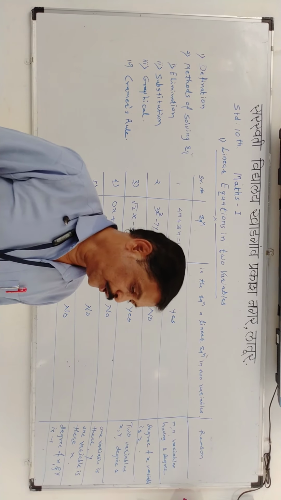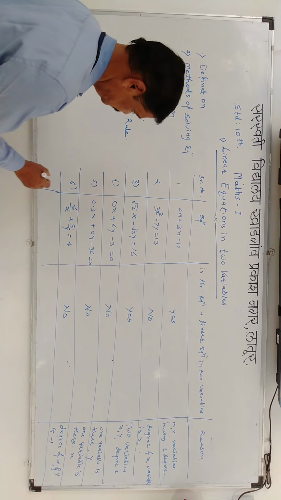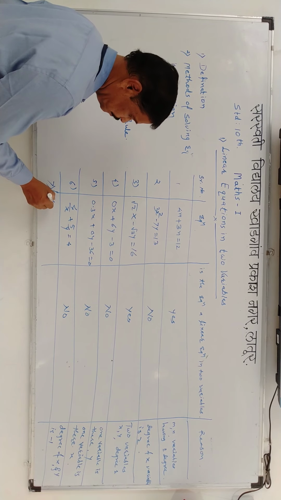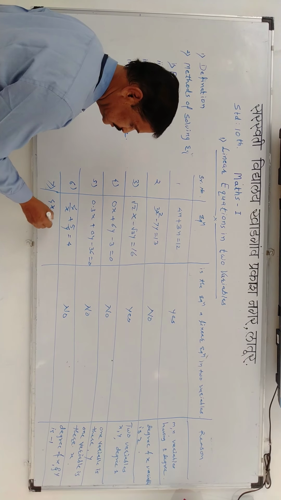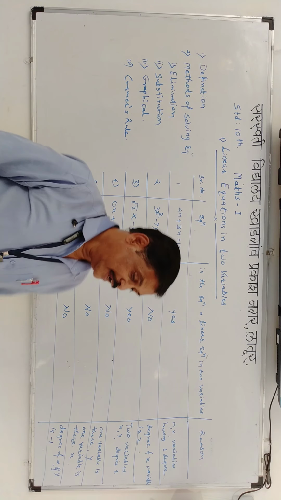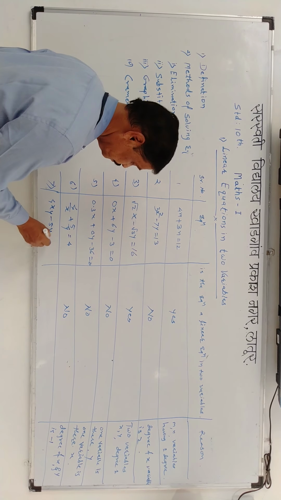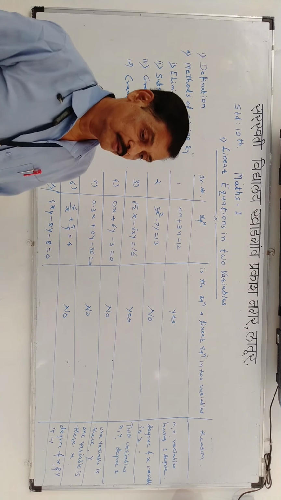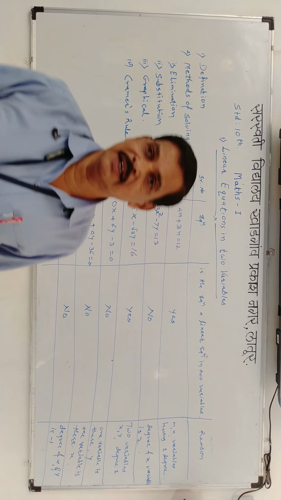Next, 4xy minus 5y minus 8 is equal to 0. Is it a linear equation?